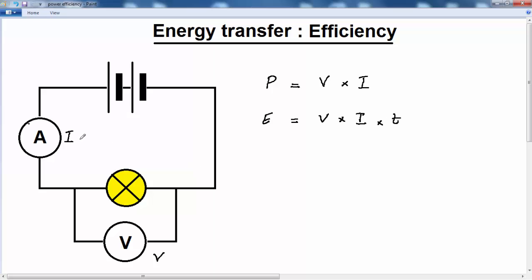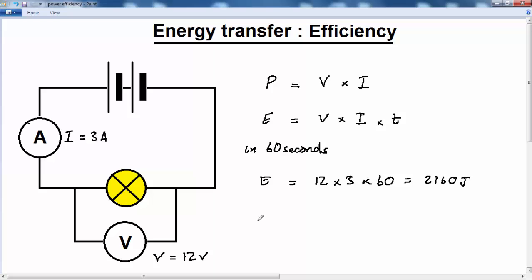Okay, so for example, if the current flowing through the light bulb is 3 amps and the voltage across the light bulb is 12 volts, then the energy supplied to the light bulb in, say, 60 seconds will be equal to 12 times 3 times 60, which is equal to 2,160 joules.